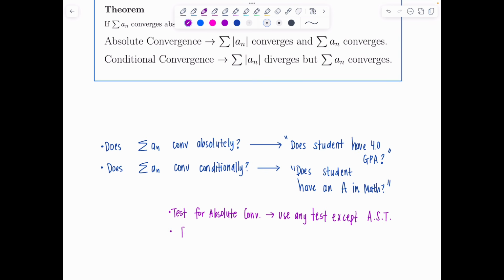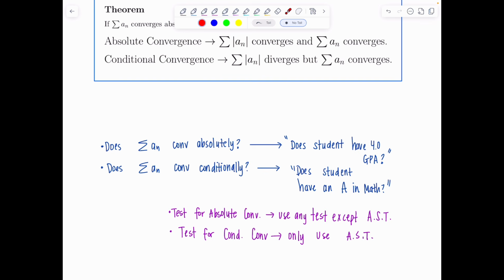When you test for conditional convergence, guess what? You only use AST. Okay? So, if you're using AST, that will only tell you about conditional convergence. If you're trying to determine absolute convergence, which you should pretty much do first, always, we'll talk about a couple cases where you don't need to, then you can use any test that you have except AST.